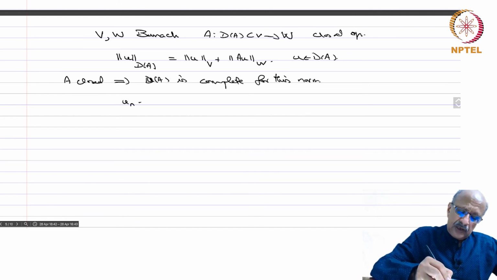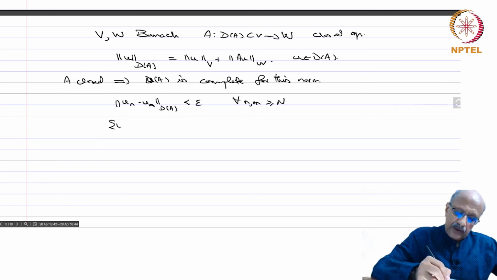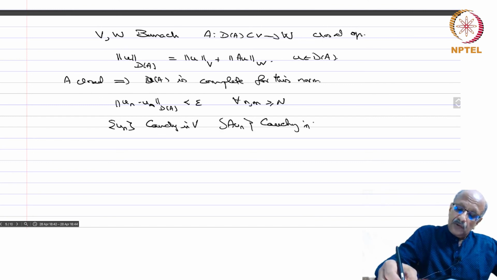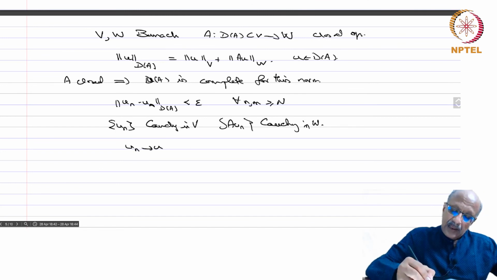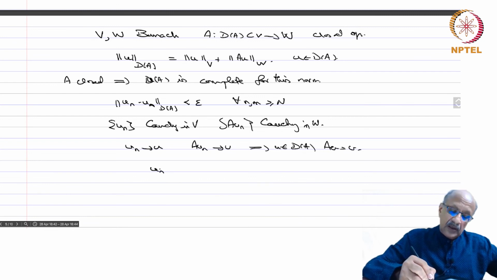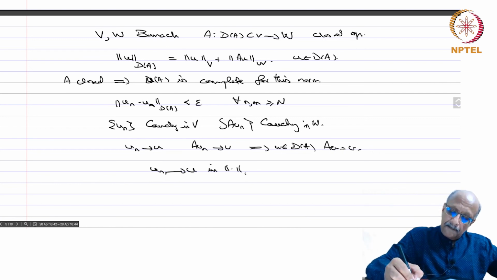So you take any Cauchy sequence u_n in D of A, so that the norm of u_n minus u_m is less than epsilon for all n, m greater or equal to N. Then u_n is Cauchy in V and A u_n is Cauchy in W, and therefore u_n will go to u and A u_n will go to some v in V and W respectively, and this will imply that u belongs to D of A and A u equals v, and therefore the Cauchy sequence u_n converges to u in the norm of D of A. Okay.